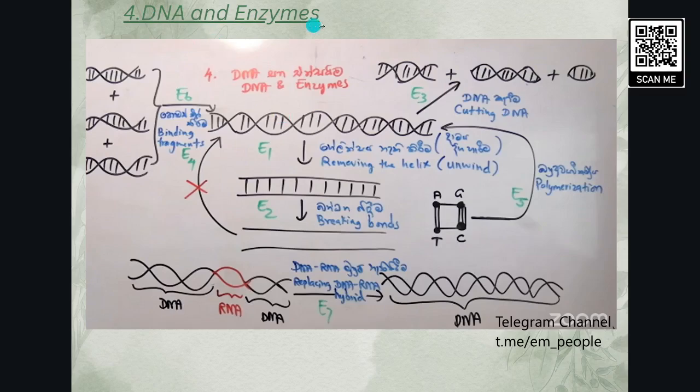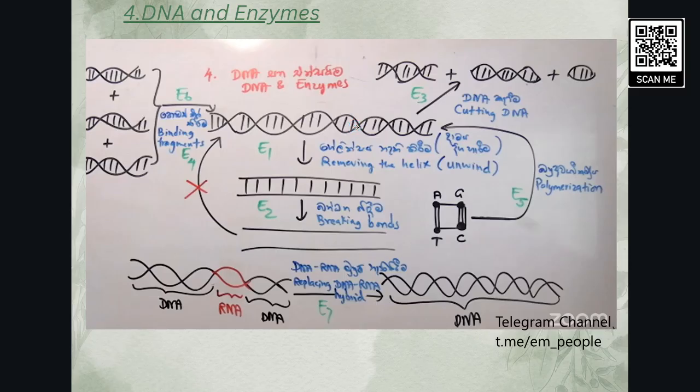And DNA and enzymes, the relation. So we have to do some stuff to DNA to do replication and all those things. And DNA utilizes the help of enzymes to get it done, right? So first we are looking at the enzymes used in different types of processes. First we have the DNA molecule right here.